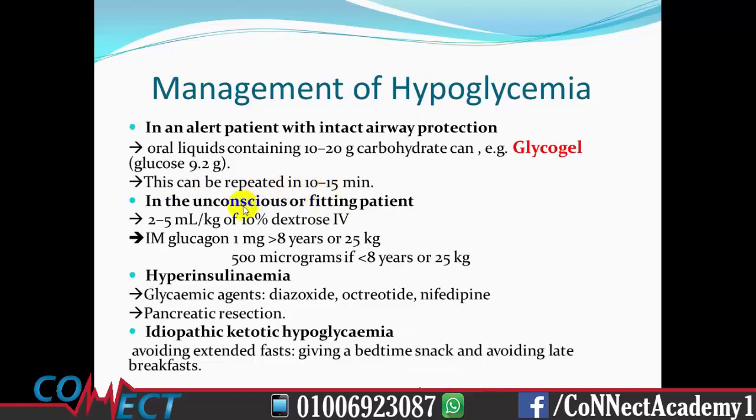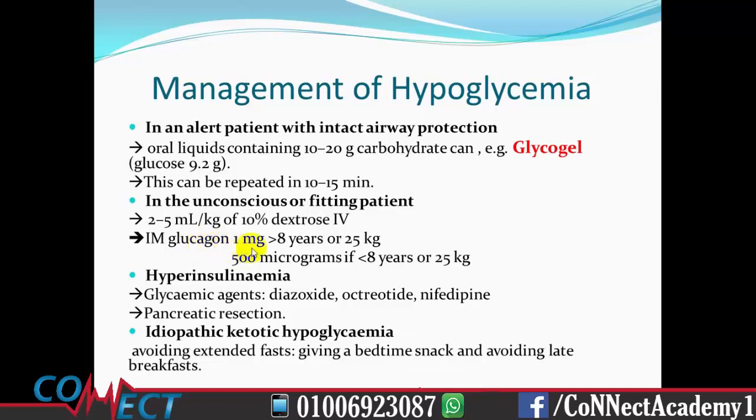If the patient is unconscious or symptomatic, like having fits or convulsions from hypoglycemia, I cannot give him any oral medication. So the first step is to correct his blood glucose by infusing or injecting 2 to 5 milliliters per kg of 10% dextrose intravenously. Second step is to give him an anti-insulin hormone like intramuscular glucagon.